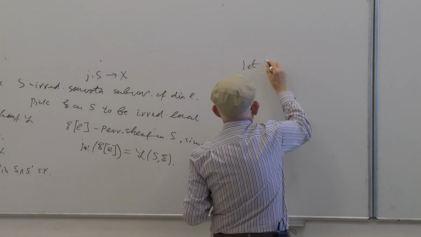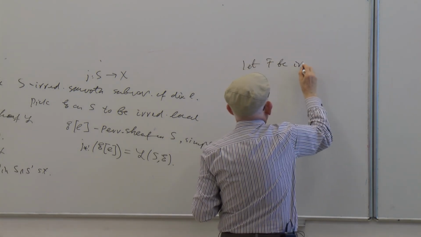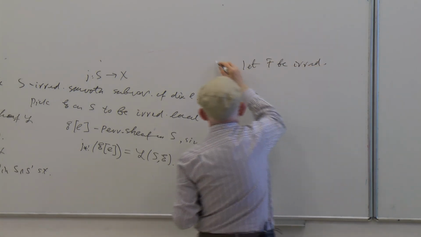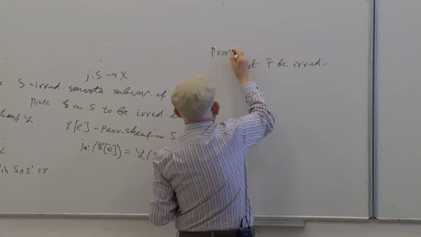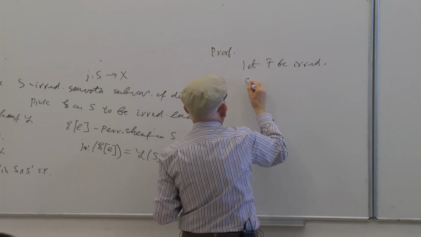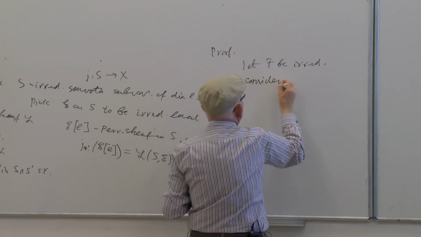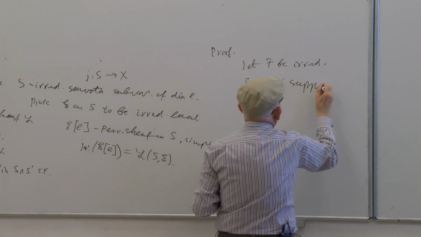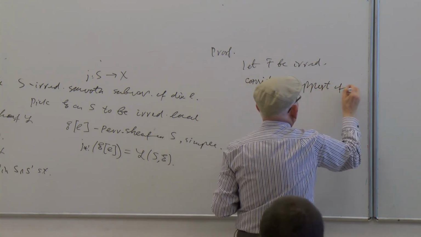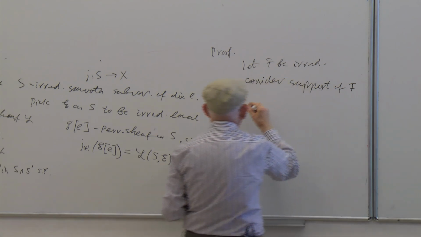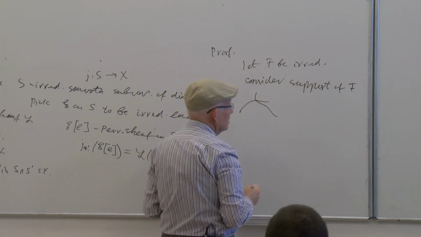So let F be irreducible. That's the proof. Consider the support of F. It will be some variety.